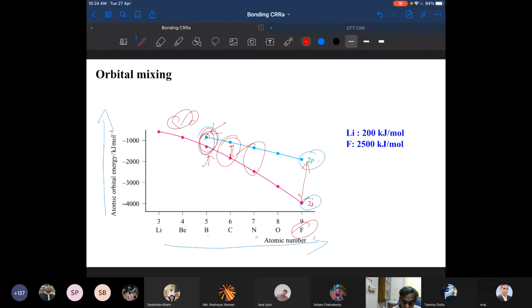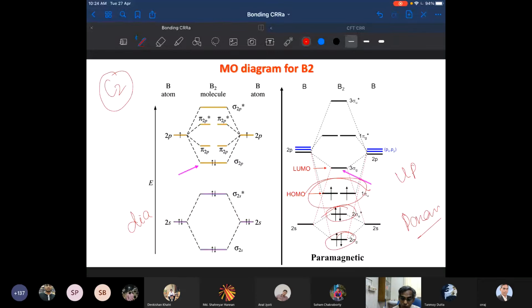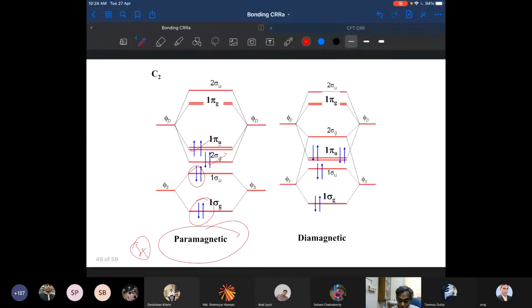So you will have a common MO diagram for lithium to nitrogen, that is Li2 to N2. What is the common MO diagram? With mixing, your pi MO comes down, and on the other hand, your sigma MO goes up. Here, the same is the case. Now your C2 molecule is basically diamagnetic. So in the case of B2 as well as C2, the experimentally observed magnetic property is diamagnetic, not paramagnetic.